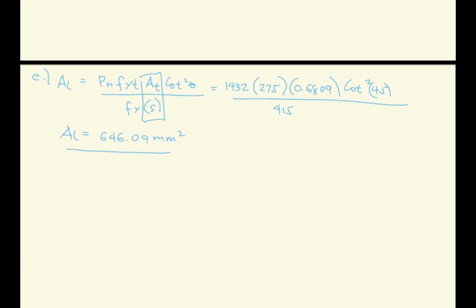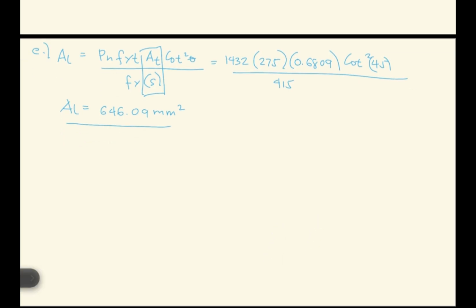There are actually two expressions for this value to compare with, and the following expressions are: we have 0.42 square root of fc prime Acp divided by fy, minus At over s multiplied by Ph, then fyt divided by fy.